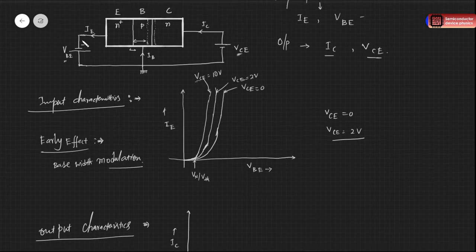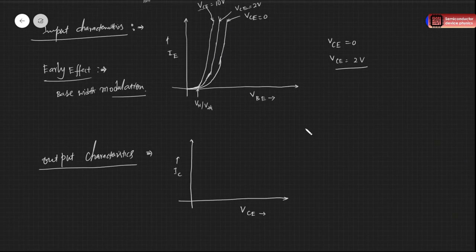As we change the emitter current, we can see the variation of VCE versus IC. So for one single curve, we'll keep the emitter current IE constant and see the variation of VCE and IC.